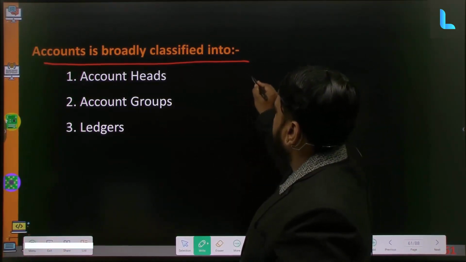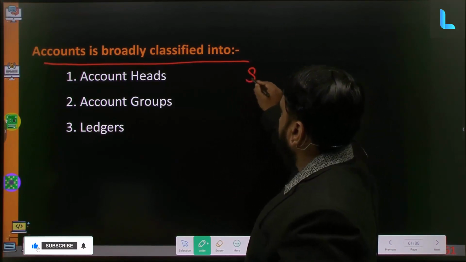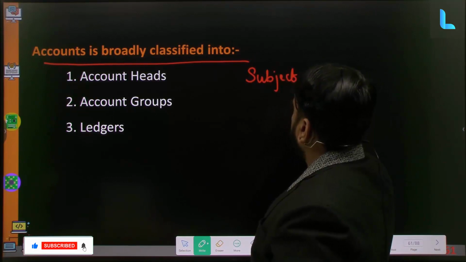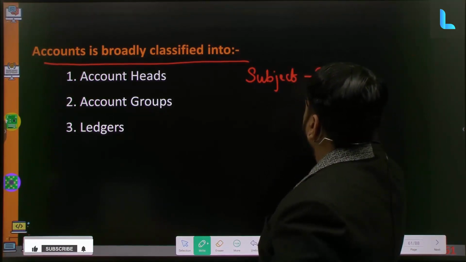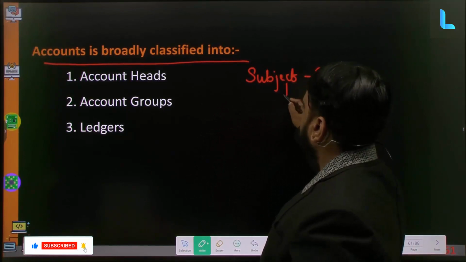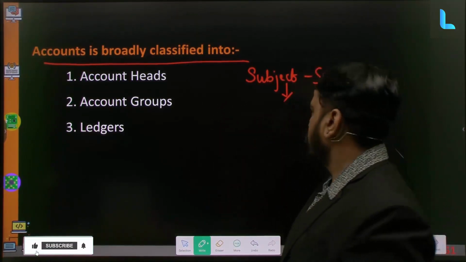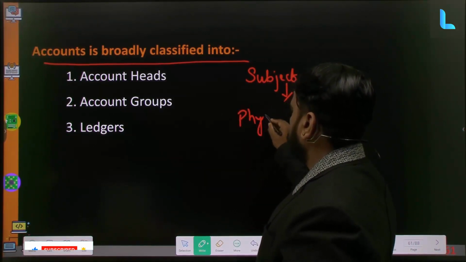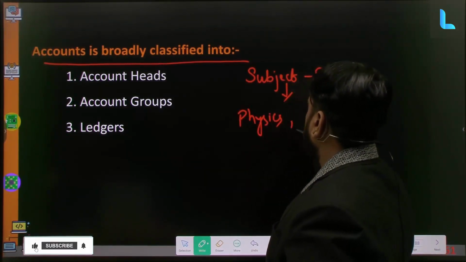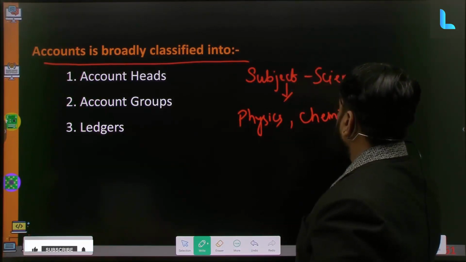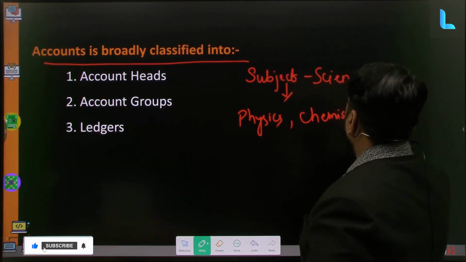See, the account head is something like a subject. Say the subject is science, right? The account head is something under the classification of the subject. Like say in science we have 3 branches: physics, chemistry and biology.